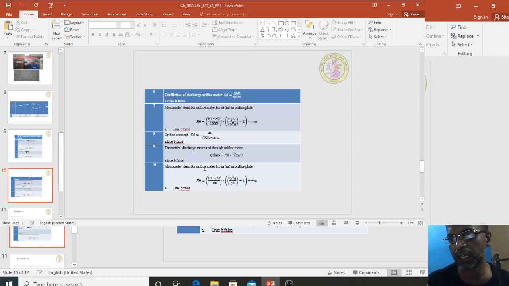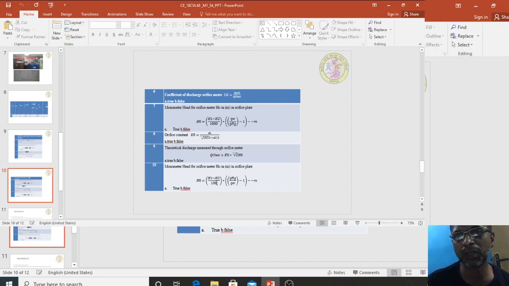The manometer head of orifice meter H naught in meter in an orifice plate is H1 minus H2 divided by 1000. The purpose of dividing by 1000 in this equation is not simply writing a numerical value. It is converting millimeter to meter.